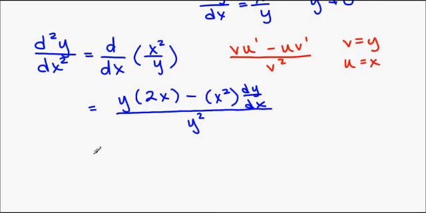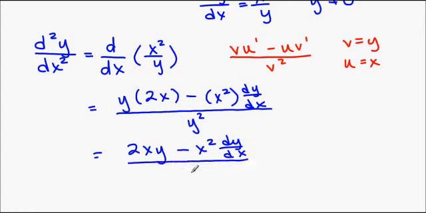Okay, so let's put this in a little bit more conventional writing. y times 2 times x is 2xy minus x squared dy dx over y squared.